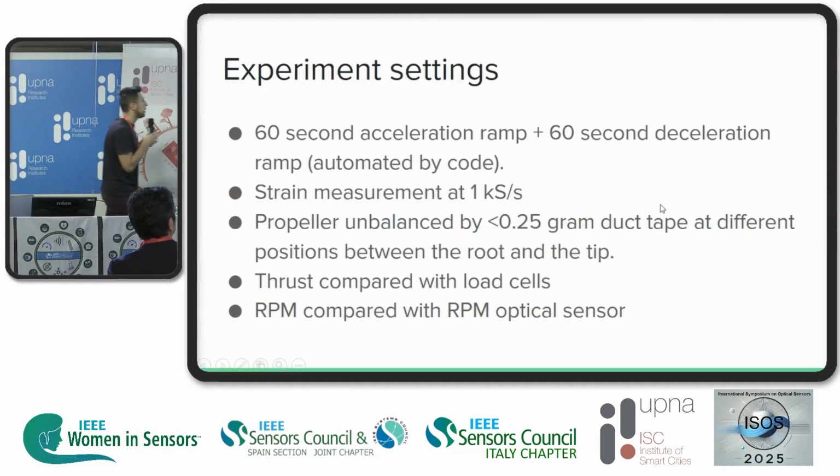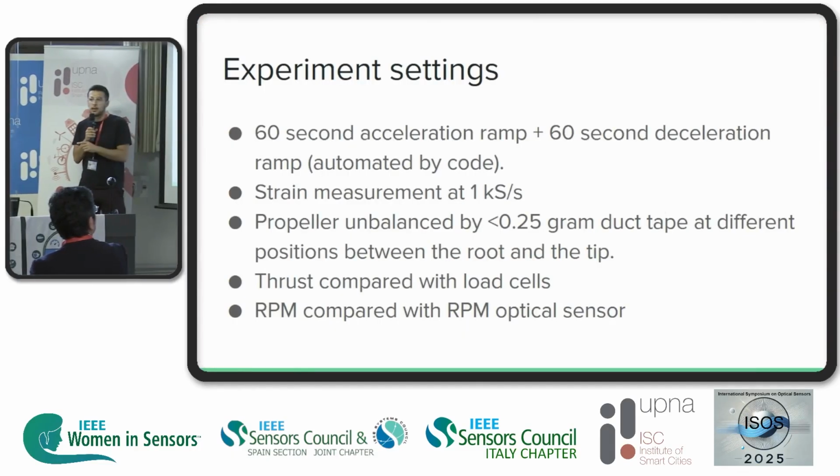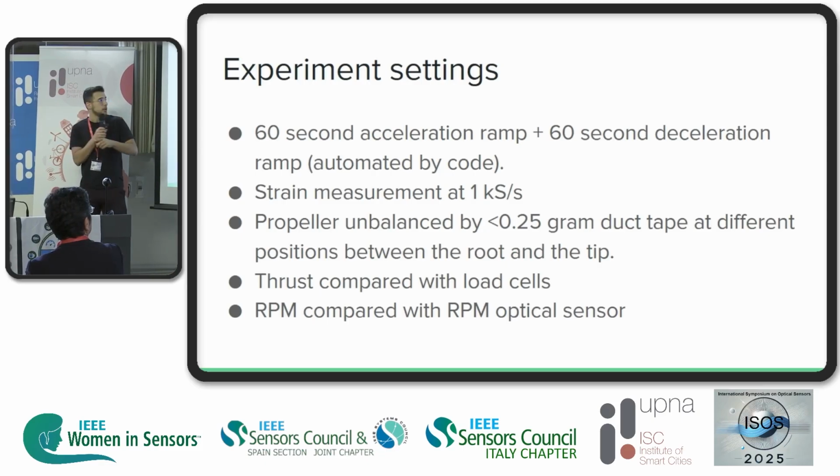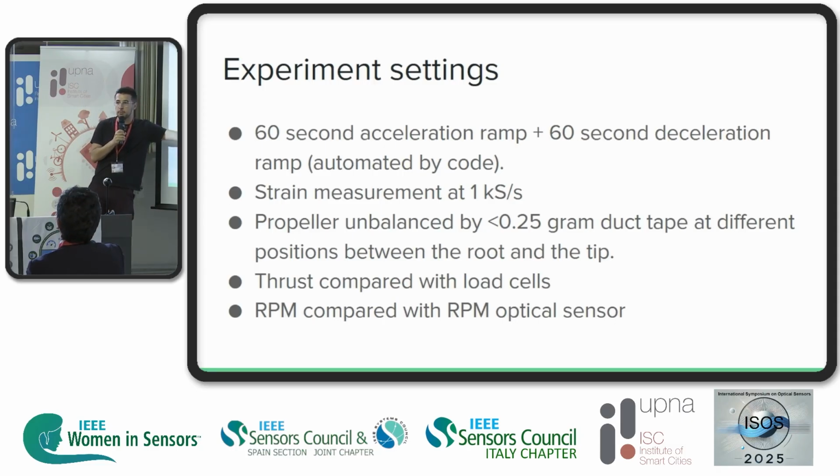So for the experimental settings, we set an automated by code experiment where we have a 60-second acceleration ramp followed by a 60-second deceleration ramp. We measure strain at 1,000 samples per second, so 1 kilosample per second.